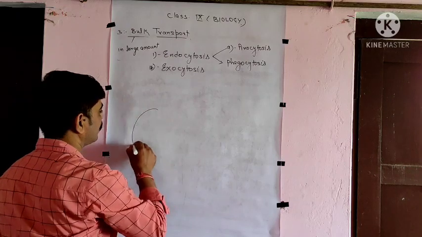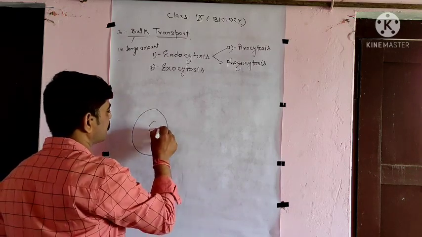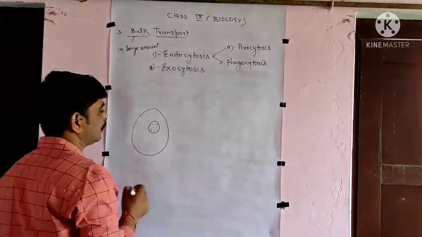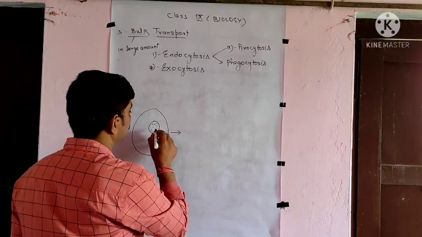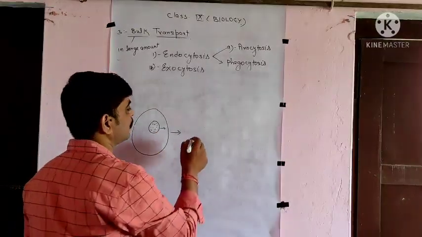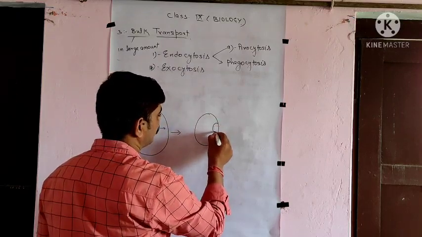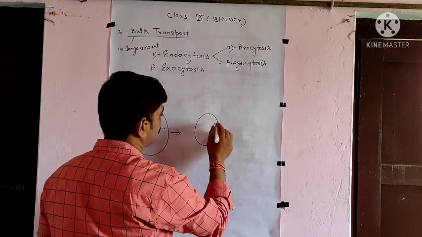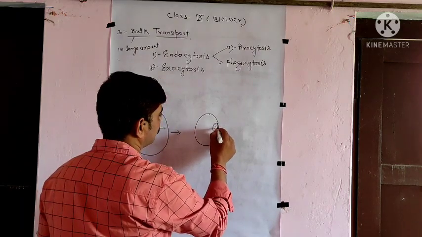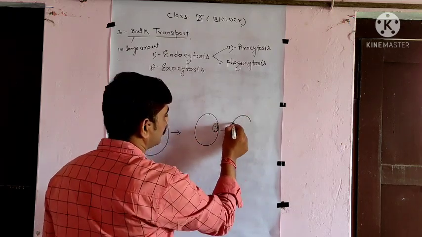Suppose this is a cell, let's assume, and this is the liquid waste material that is filled in the cell. Later on, what will happen? This slowly moves to the periphery of the cell, and it comes at the periphery of the cell, and in the next step, what will happen?